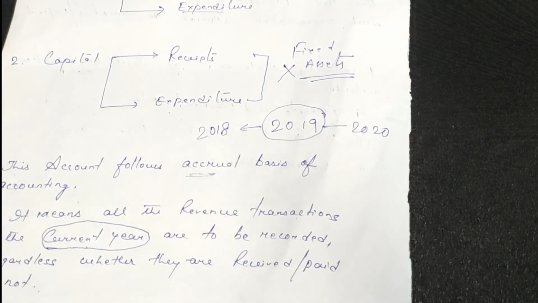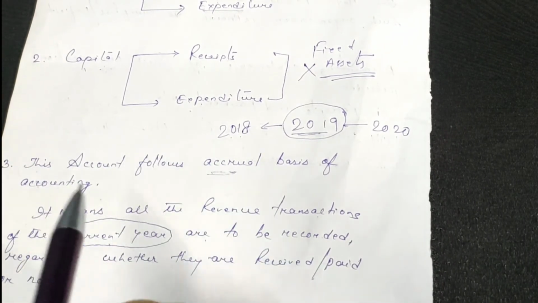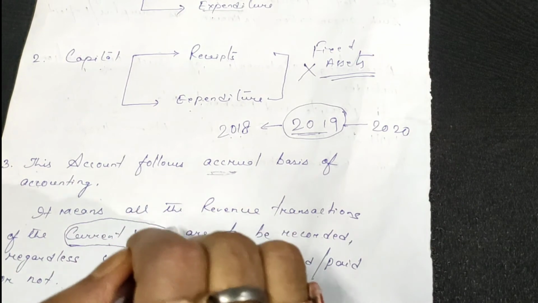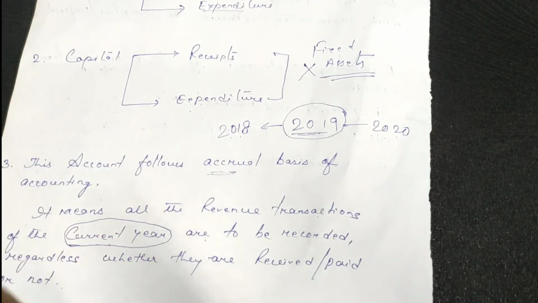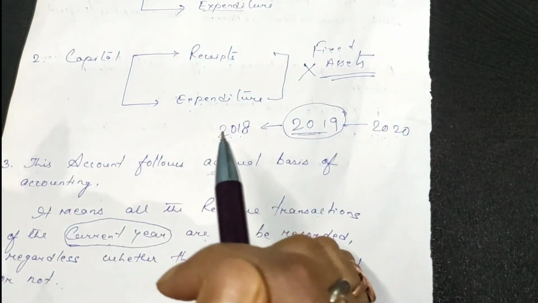So keep in mind, whenever you do this income and expenditure account, only the amount which belongs to the current year will be recorded. Any amount which belongs to the previous year or the next year will be excluded.